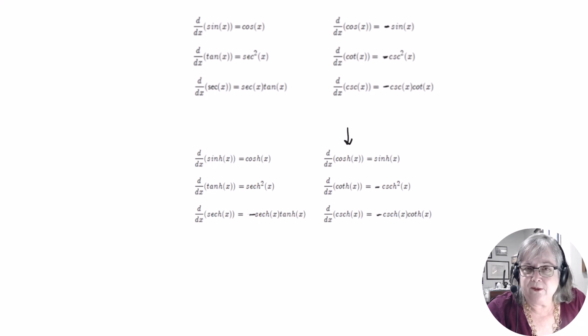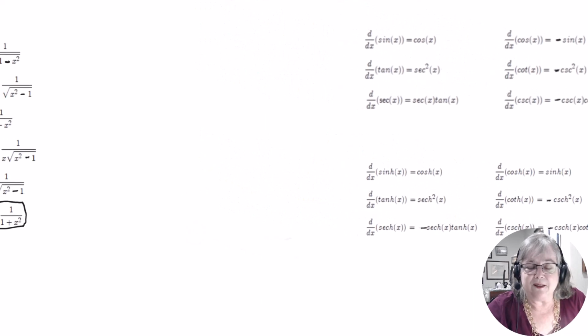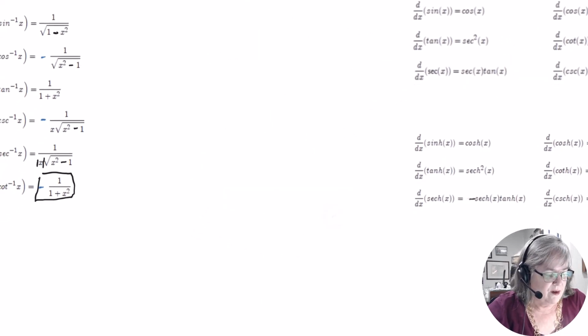So the derivative of hyperbolic cosine is not negative hyperbolic sine, it's positive hyperbolic sine. So the negatives are slightly switched. Here's the negative for hyperbolic cotangent, hyperbolic cosecant, but here the derivative of hyperbolic secant is negative. So I want to be sure and point that out to you so you don't get the misconception that if it starts with a C, it's still like that.